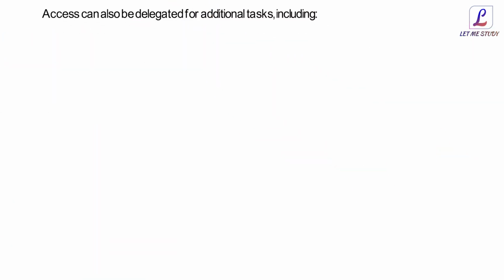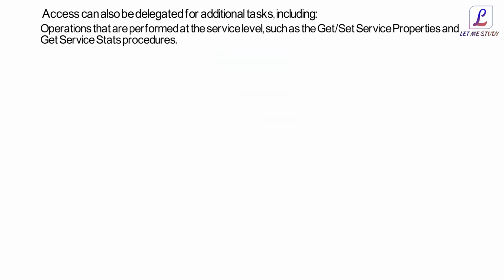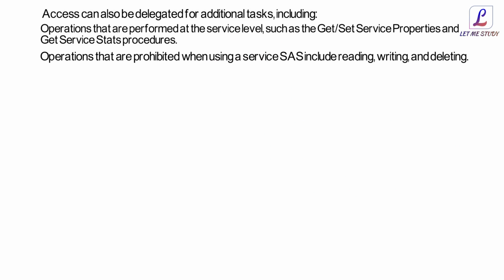Access can also be delegated for additional tasks, including operations that are performed at the service level, such as the get/set service properties and get service stats operations. It can also allow operations that are prohibited when using a service SAS, including reading, writing, and deleting.